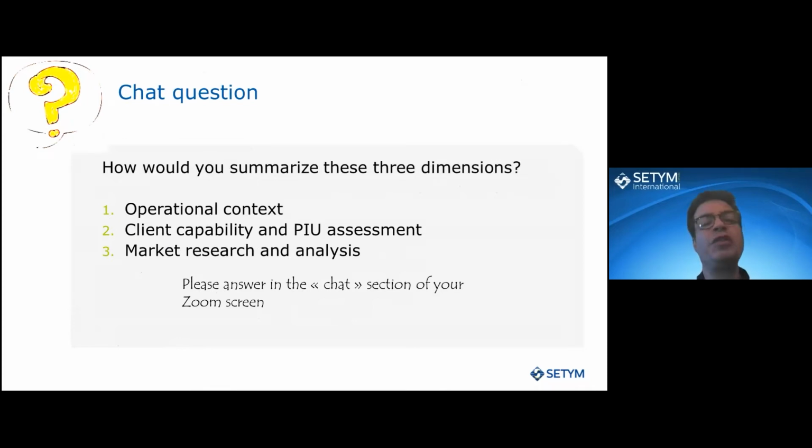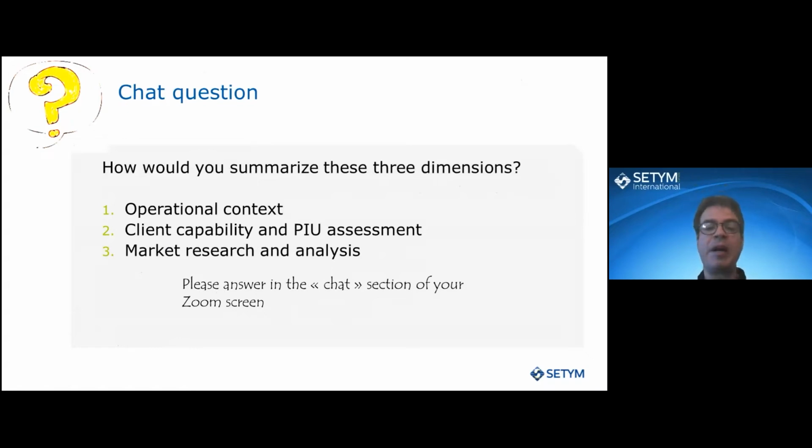So I'll answer for you. Operational context is about the environment the project will be set in. So the legal environment in your country, the financial environment if it's economic and financial, the physical environment if it's a project affecting the natural environment, and so on and so forth.